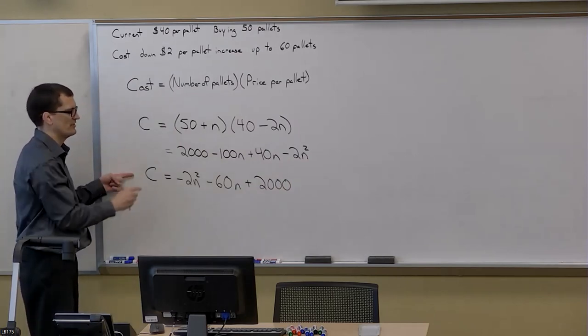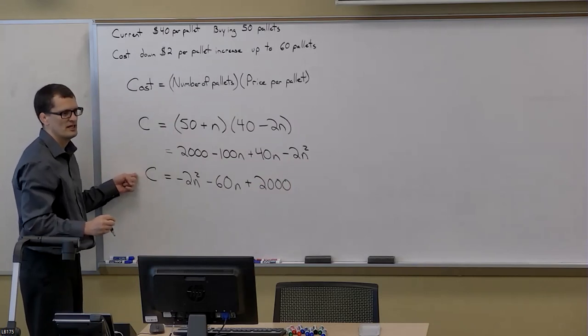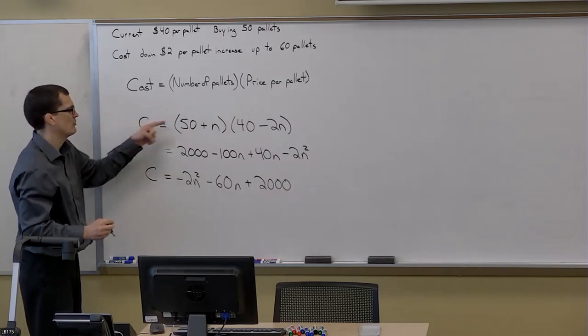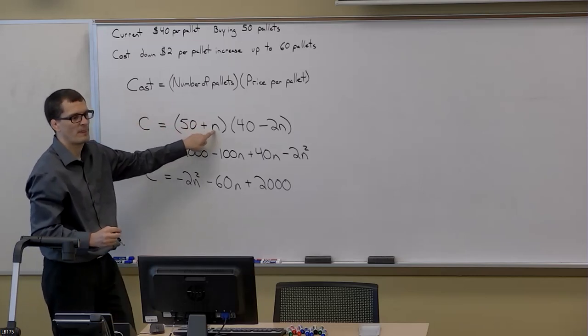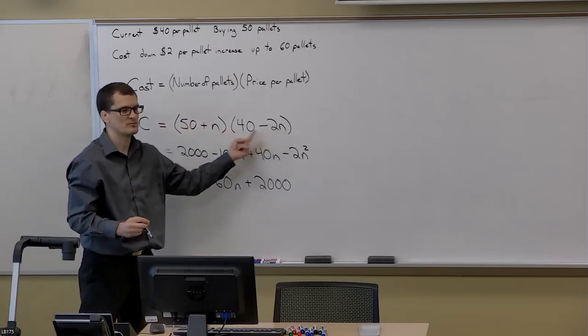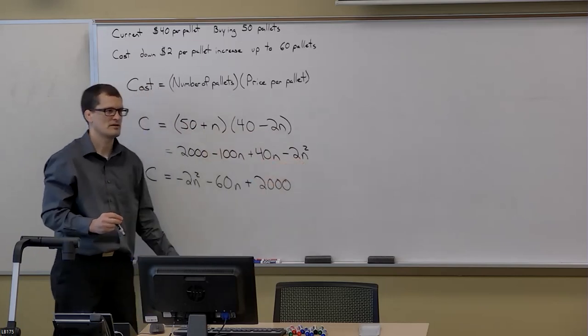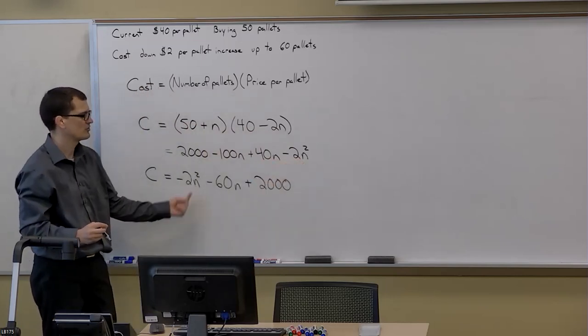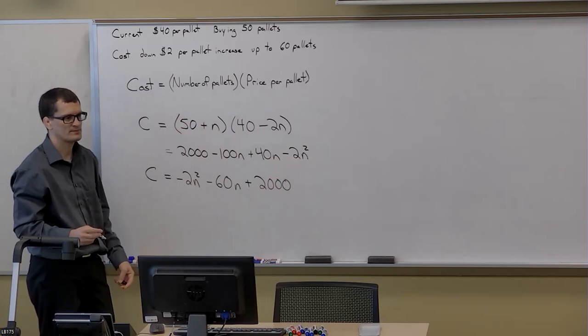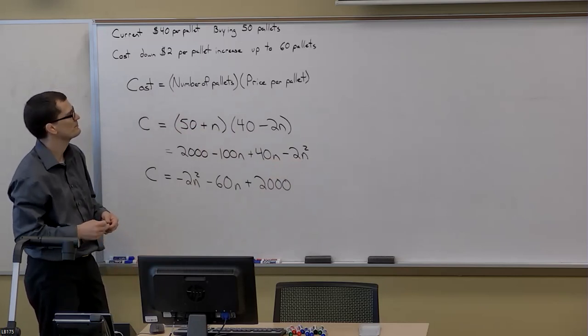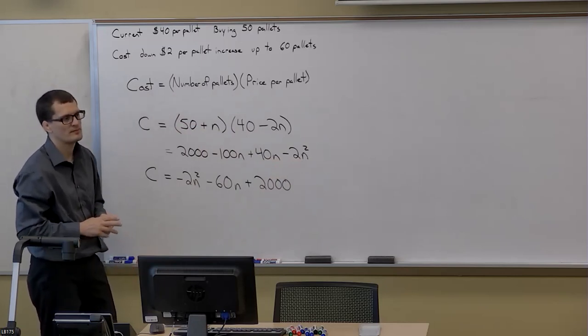That's all I'm trying to do with the multiplication, is to show you that yes, when you have a variable here and you have a variable here, when you multiply them out, you're going to get an n squared. You're going to get your variable squared, which is a quadratic. Does that make sense?